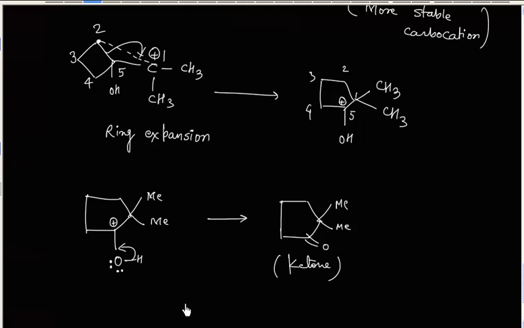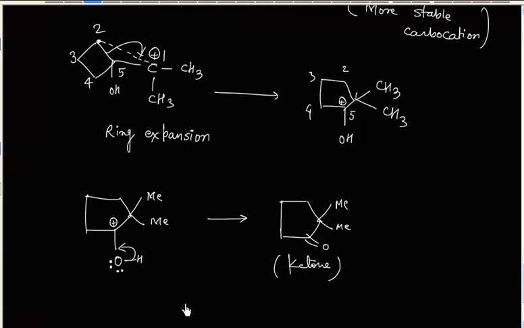So the important point we said in this tutorial is, whenever you have the Pinacol Pinacolone rearrangement, this is only given by a 1,2-diol. You have to see two things, whether the diol is symmetrical or unsymmetrical. When you have a symmetrical diol, formation of carbocation is not an issue. When you have an unsymmetrical diol, you have to form the carbocation that is more stable.